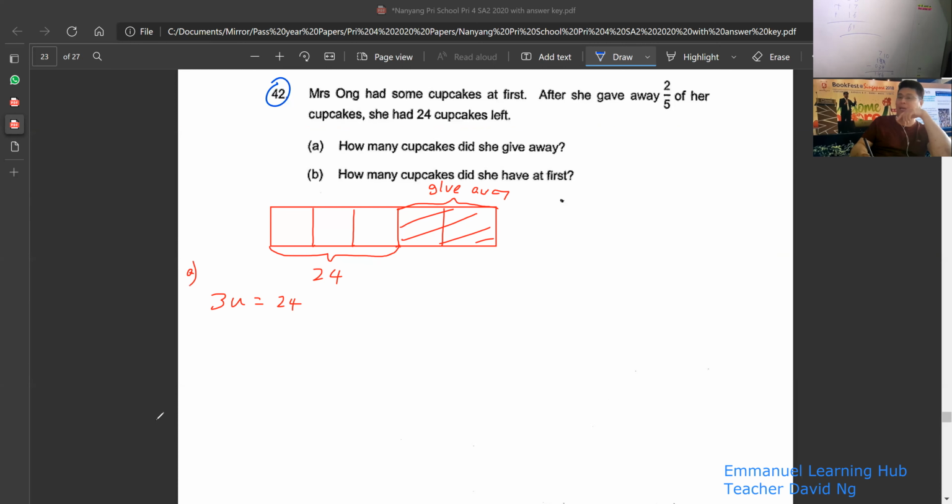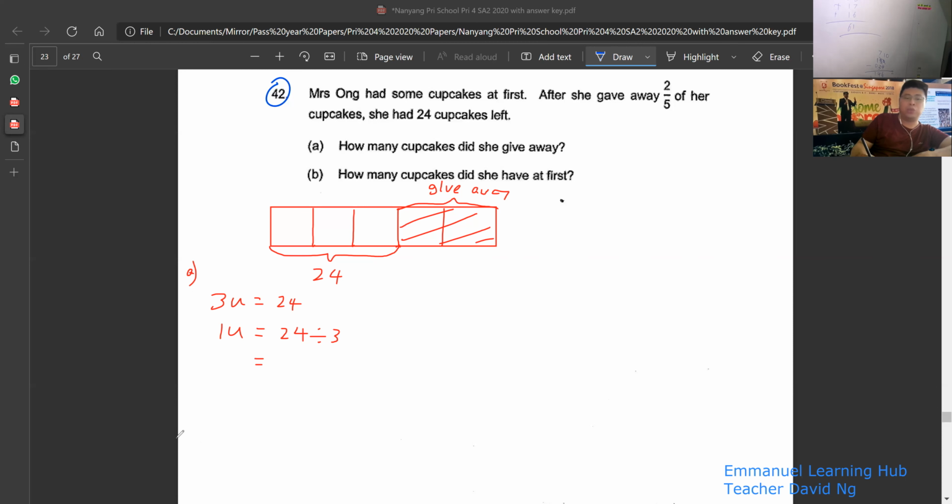What divide by what? 24 divided by 3. Yes. 24 divided by 3 will let you find how many units? How many units are you actually finding when you divide by 3? 1 unit.